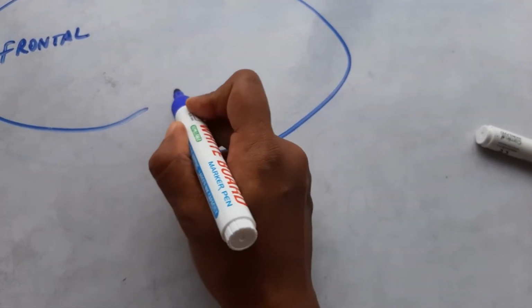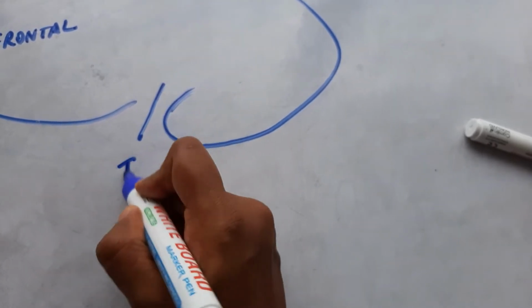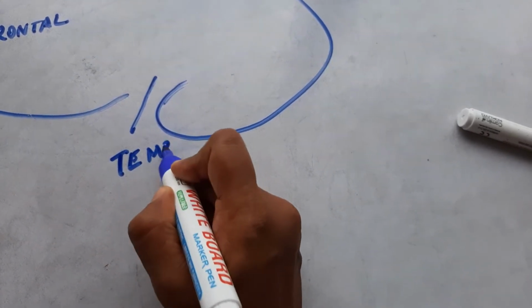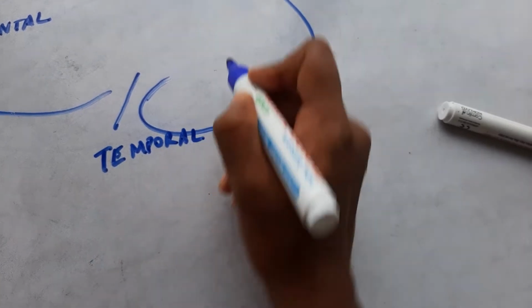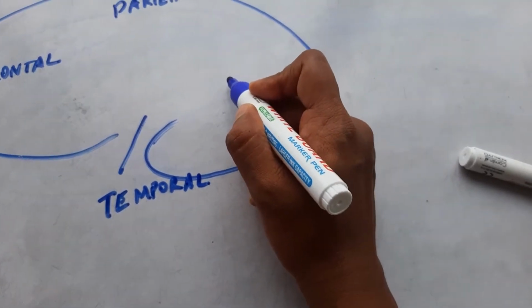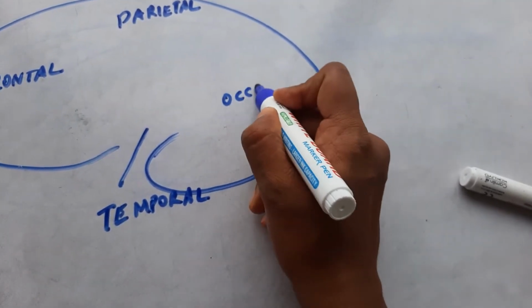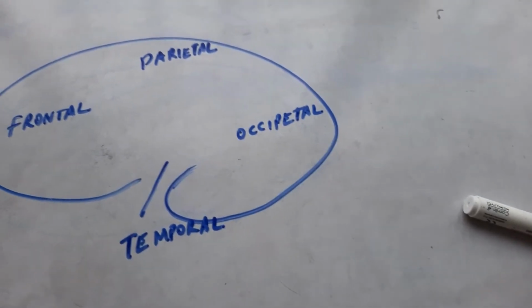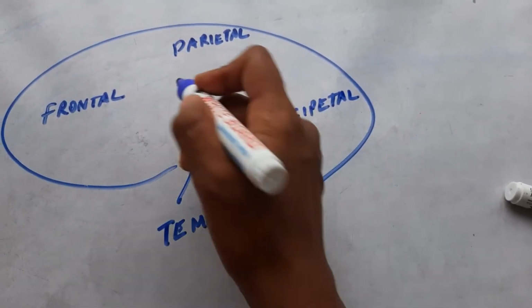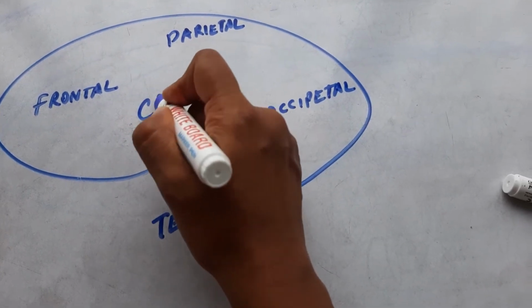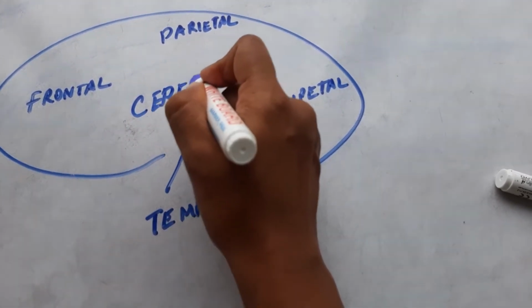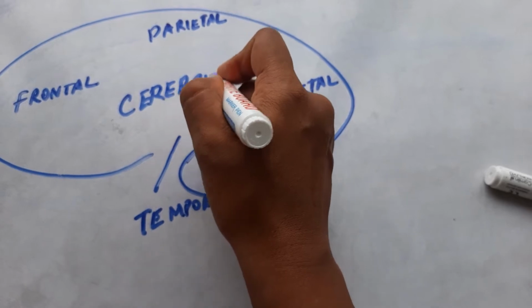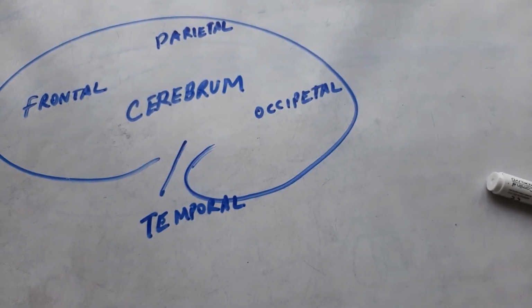This is the temporal lobe. And this one is the occipital lobe. So these are the four lobes of the brain. Now this is the cerebrum, right?